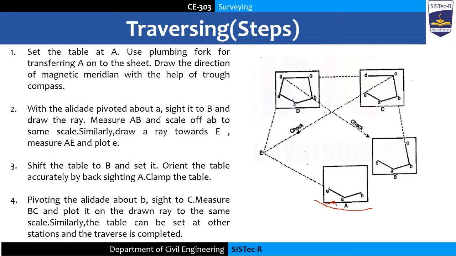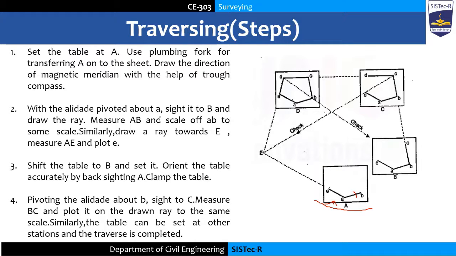Second, with the alidade pivoted about A, sight it to B and draw the ray. Measure AB and plot small ab to some scale. Similarly, draw a ray towards E, measure AE and plot E. So first we draw this line small ab, as we did in the method of radiation.